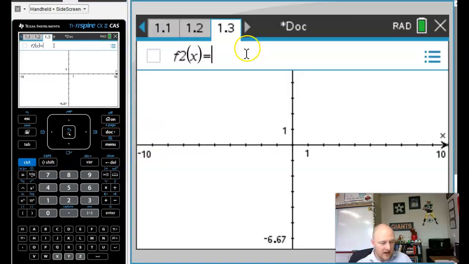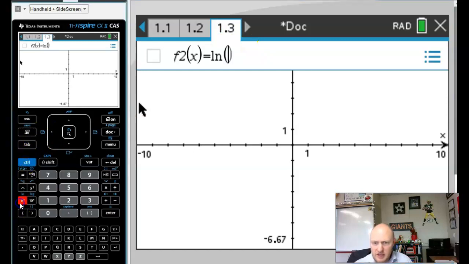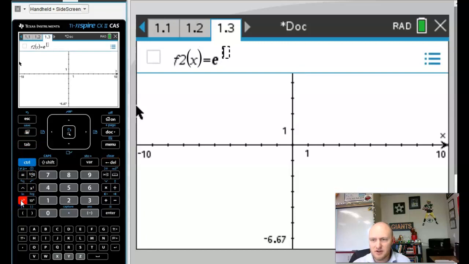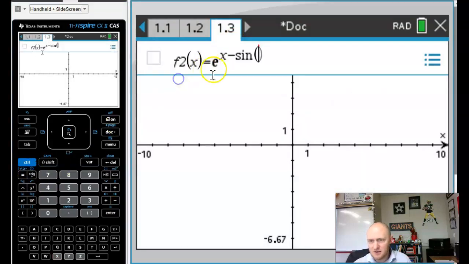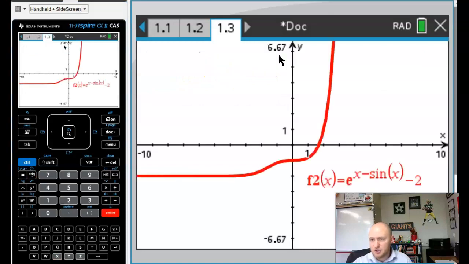And then we went ahead and we just plotted that function. So Control E. Make sure if you were having issues graphing this, that you use the function E and not the letter E. If you use the letter E down here, you're going to get an error. So this was x minus sine of x, and then we had a -2. We shifted it down 2, and here is our graph.